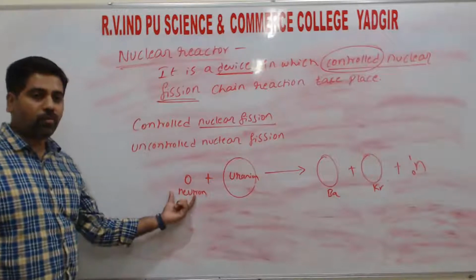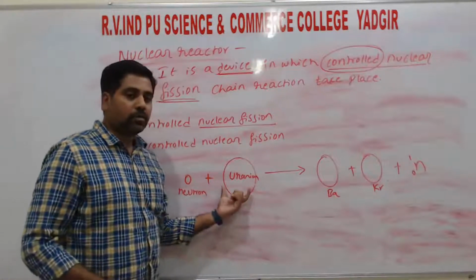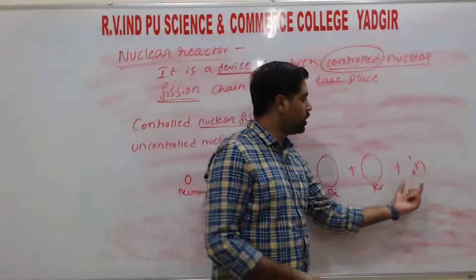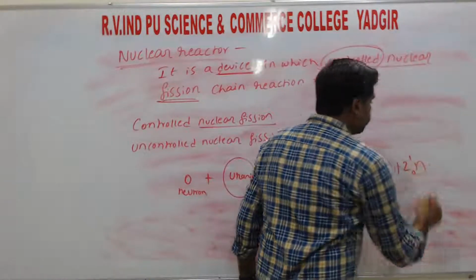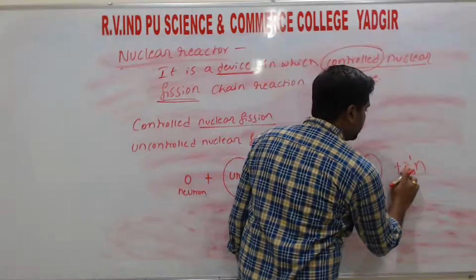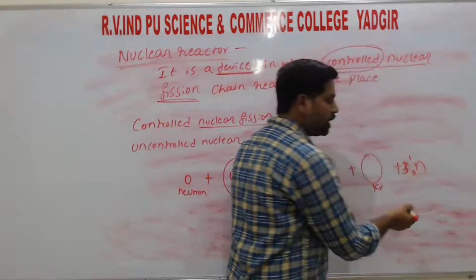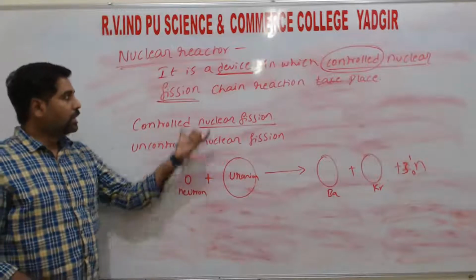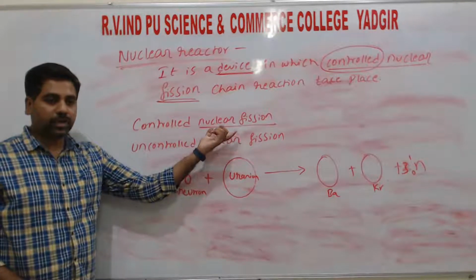When one neutron bombards this uranium, it splits into two nuclei along with the emission of two or three neutrons. So this one is nuclear fission, right?